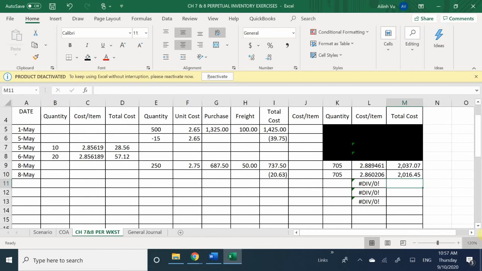Now we need to recalculate our new average cost per item, because we have less total cost to deal with, but we still have the same amount of inventory. So in this case, we need to recalculate here, and I have it for a lower price.